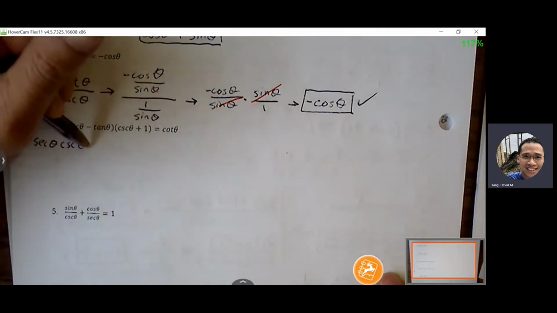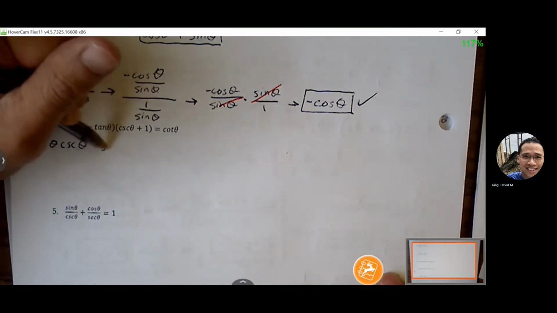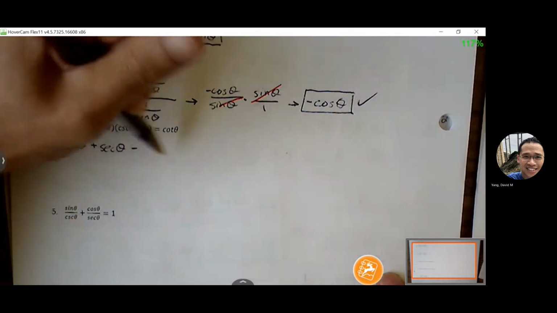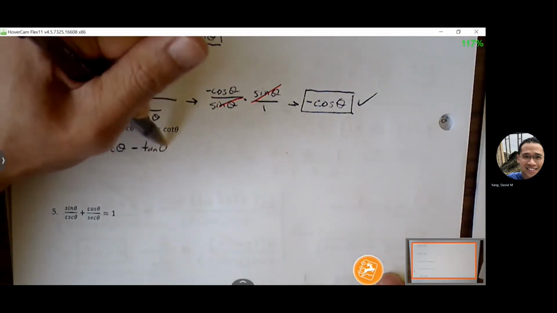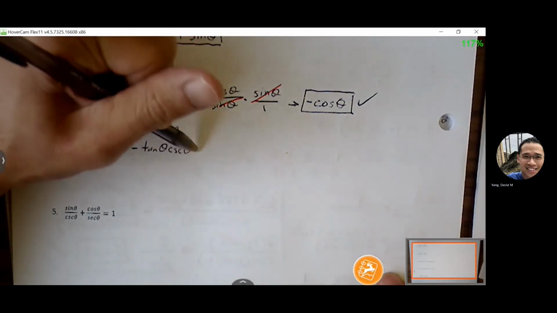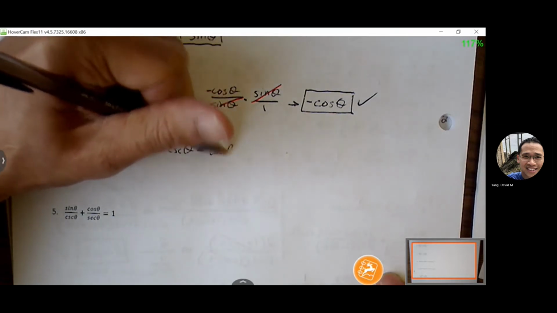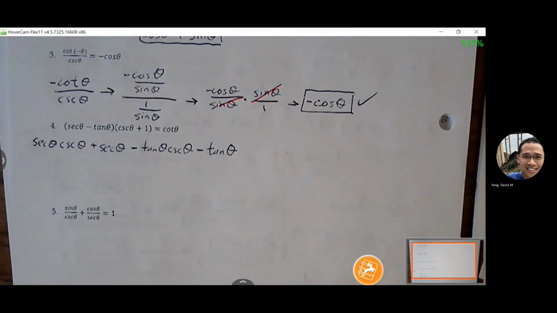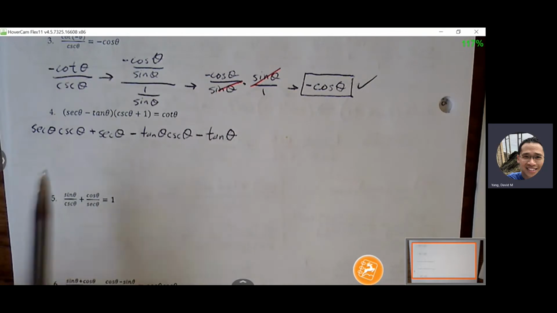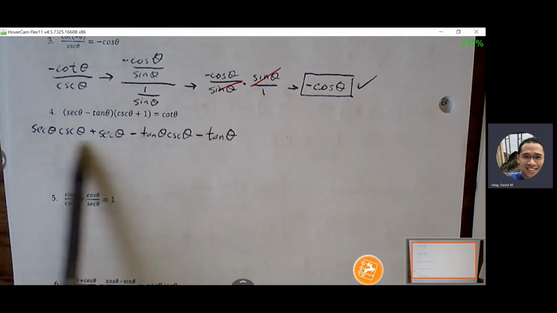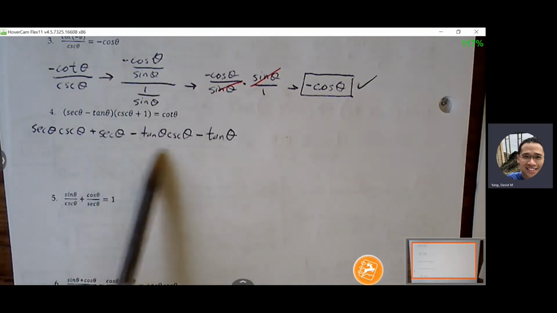I'm just distributing through. Okay, this looks like a jumbled mess here. I'm just going to convert everything in terms of sine and cosine.